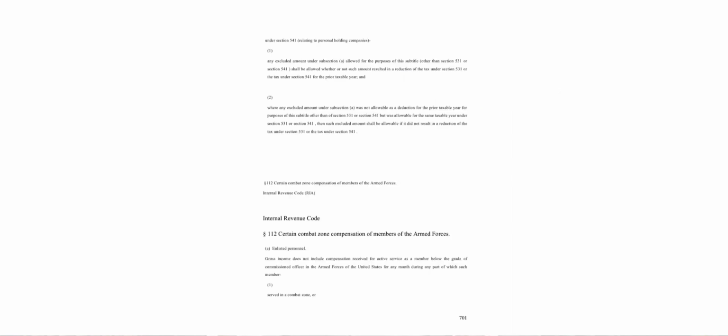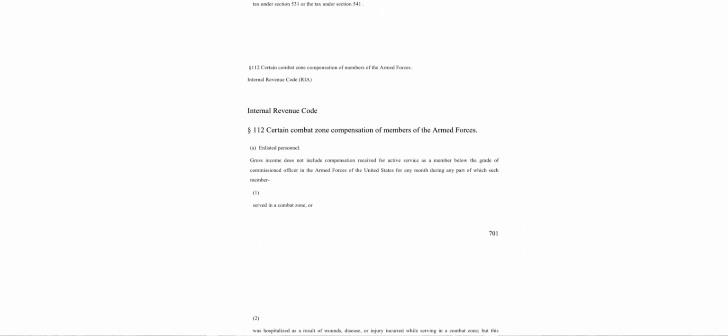Let's go to that one. So section 112, certain combat zone compensation of members of the armed services. So we're looking at this, and enlisted personnel. Gross income does not include compensation. So that tax treatment rule does not include compensation received for active service members.